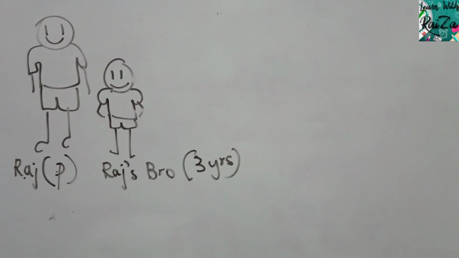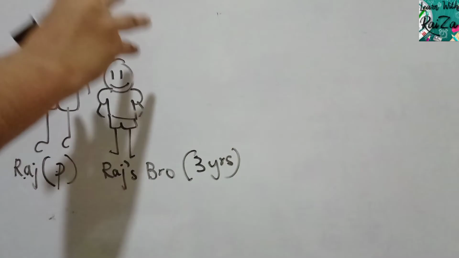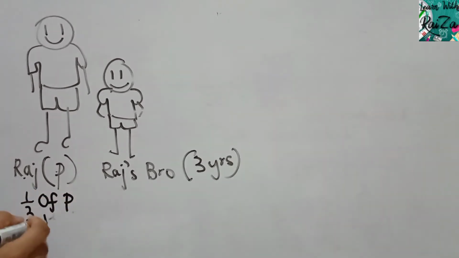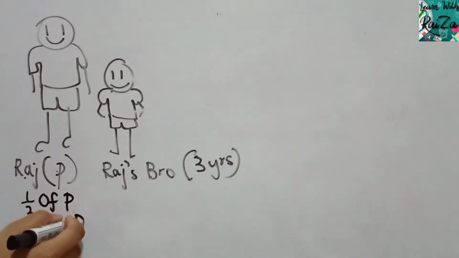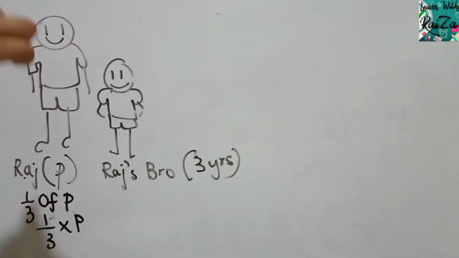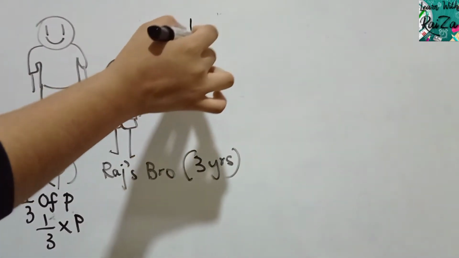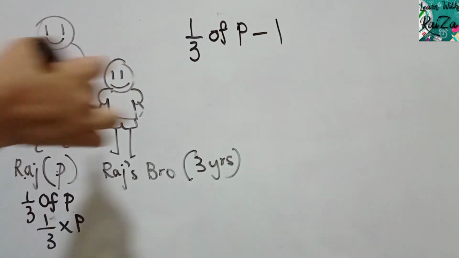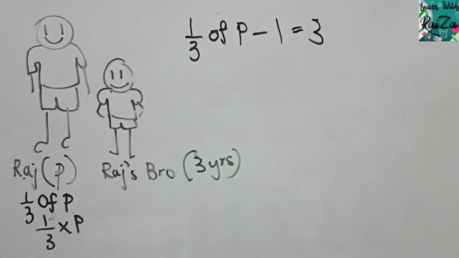That is, let's assume Raj's age as P. So if I tell you that Raj's brother's age is 1 year less than 1/3 of P. 1/3 of P means, you remember, "of" is not just a word, it is multiplication. 1 year less than 1/3 of P means 1/3 of P is there, 1 year less than this is equal to Raj's brother's age.